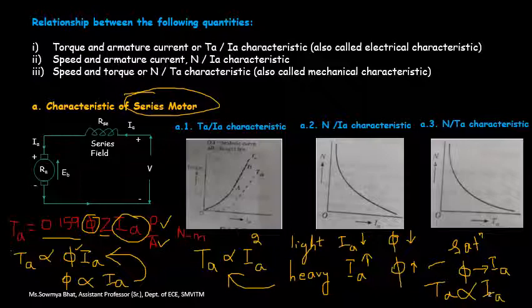So if I want to explain it in this graphical representation, here this curve represents the armature torque versus the armature current relationship. The x-axis represents the armature current and the y-axis represents the armature torque.